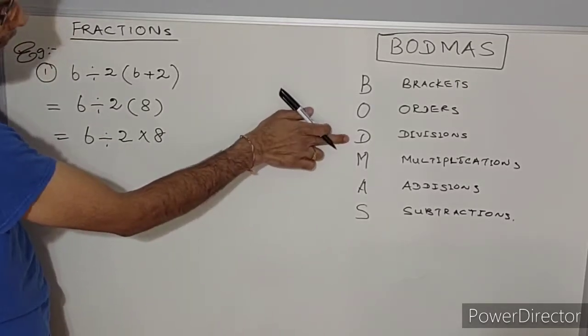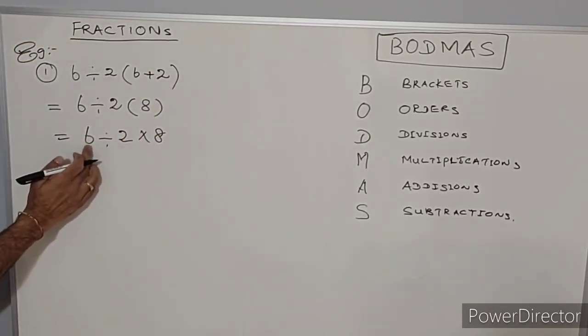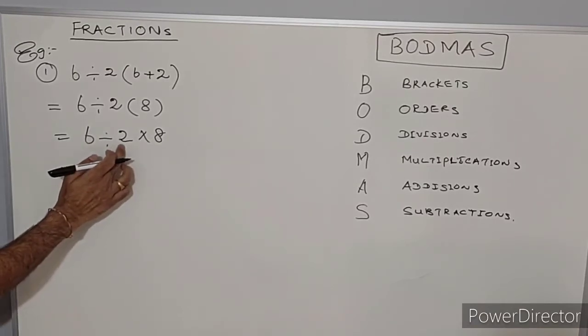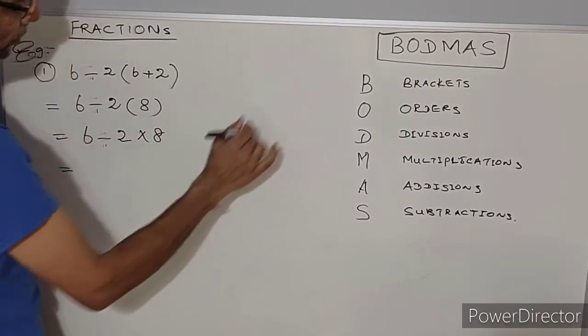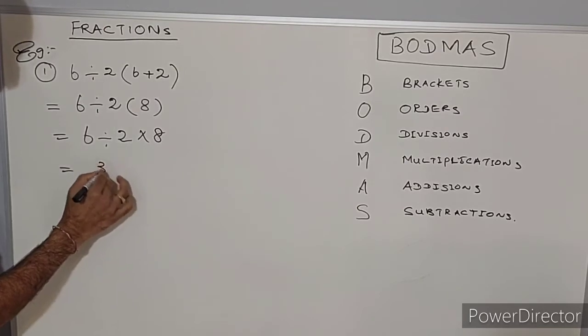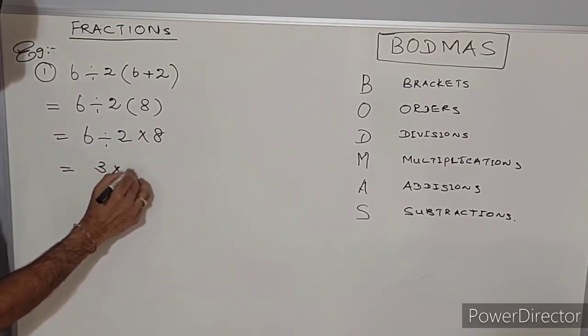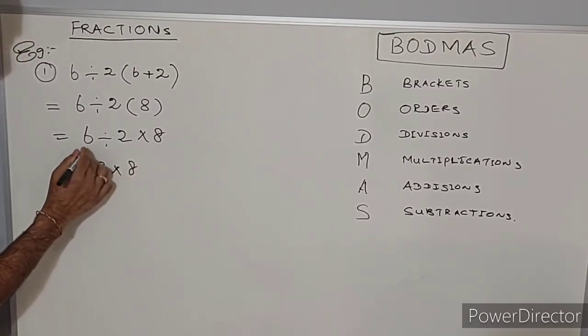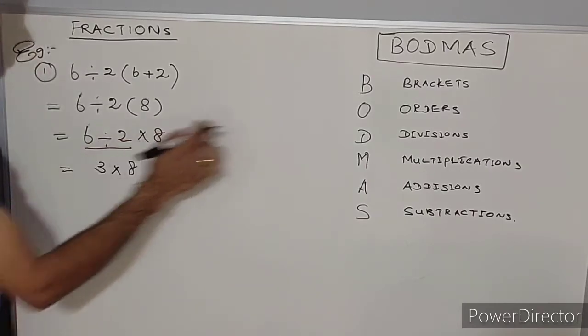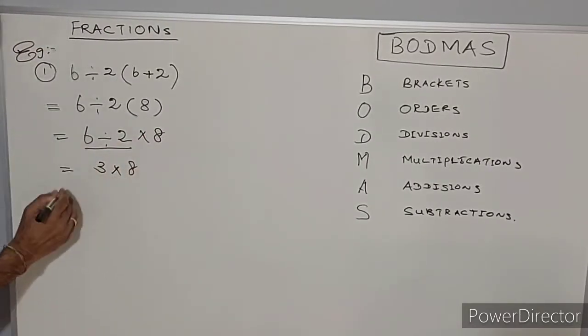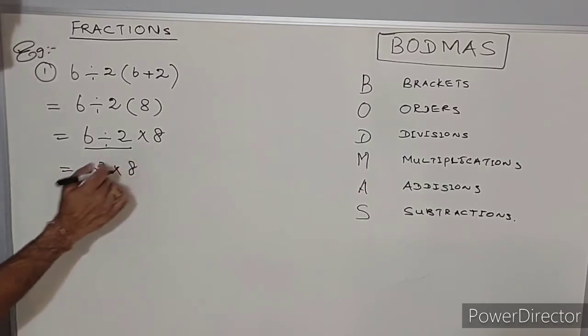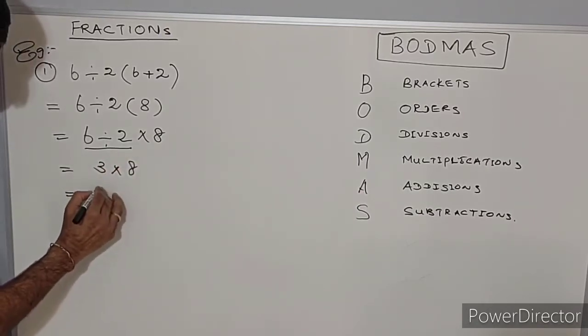Which one is first? Division. Okay, we have to divide. 6 divided by 2, how many? 3. Okay, we can put multiplication 8, because you resolved this one. Division is first. Now you can go multiplication. 3 into 8, 24.